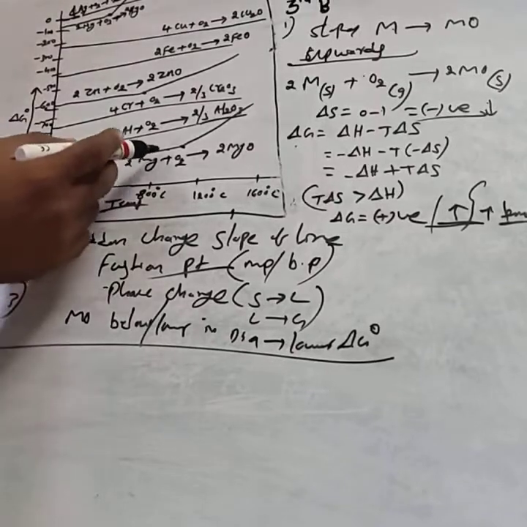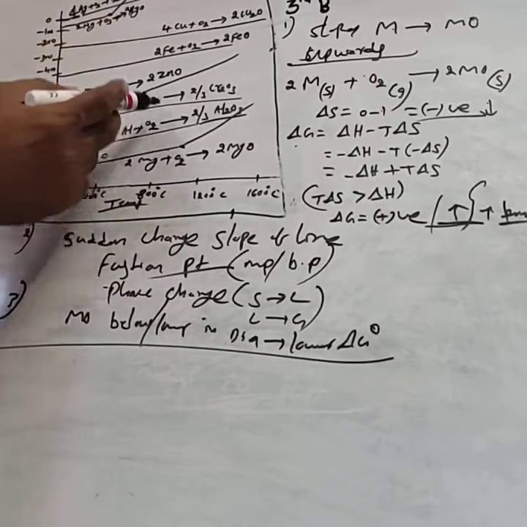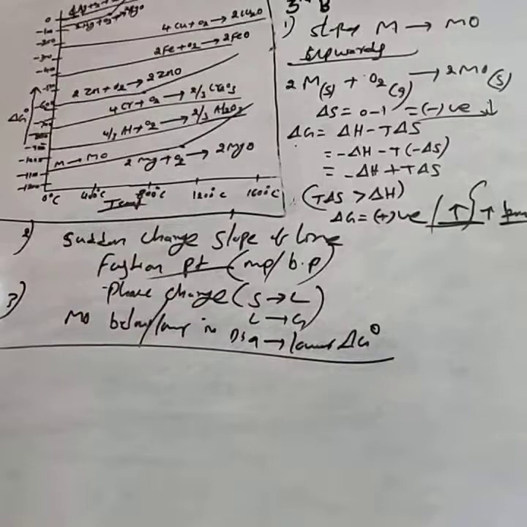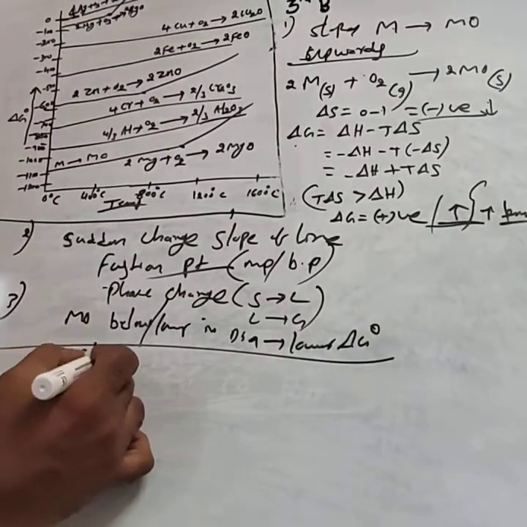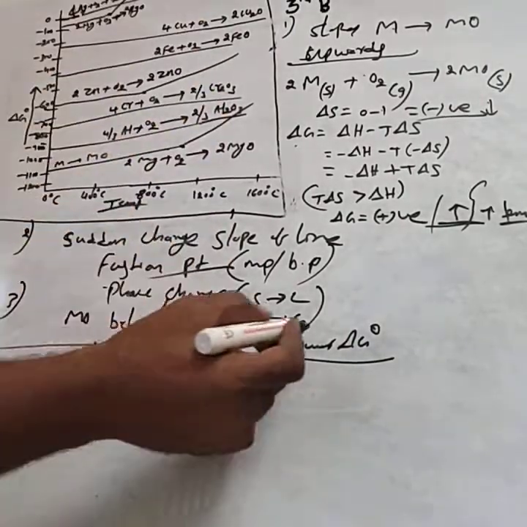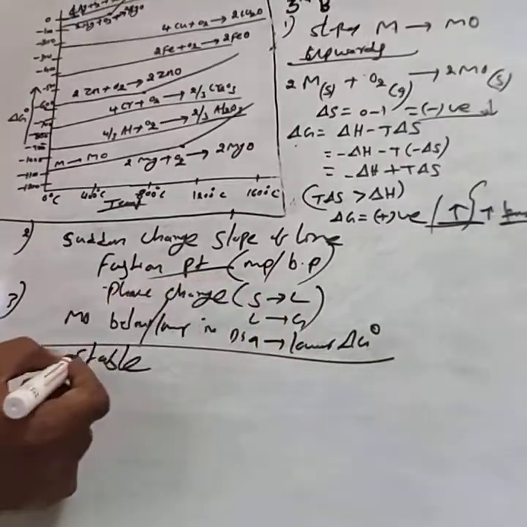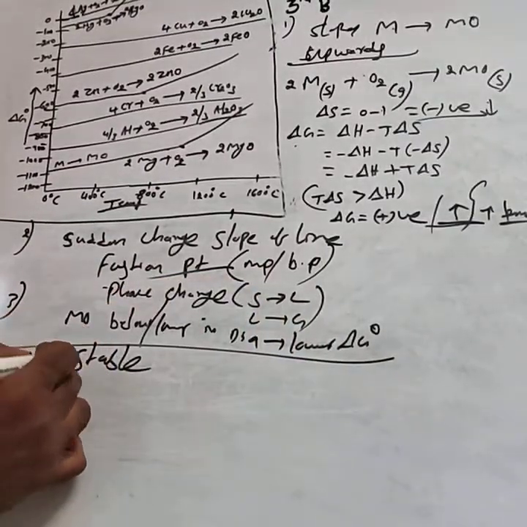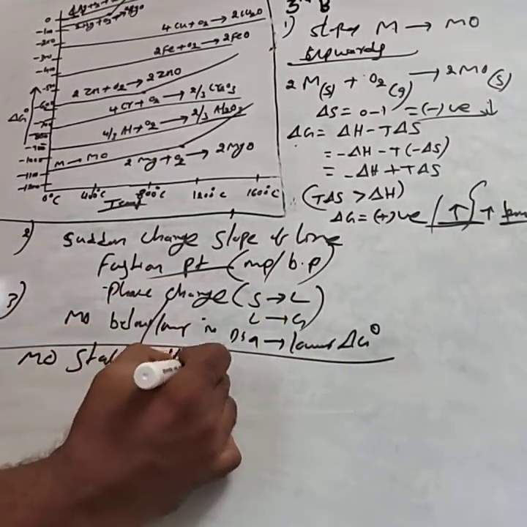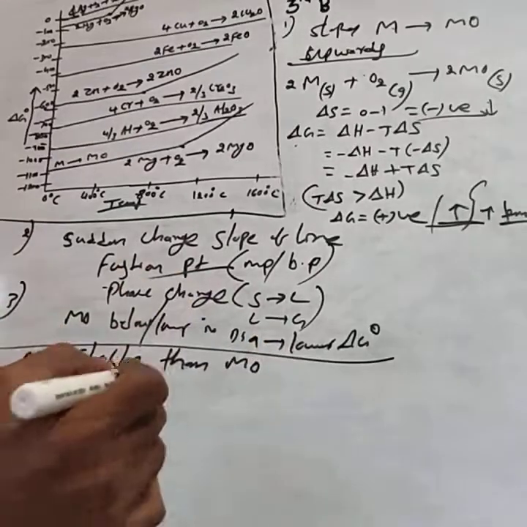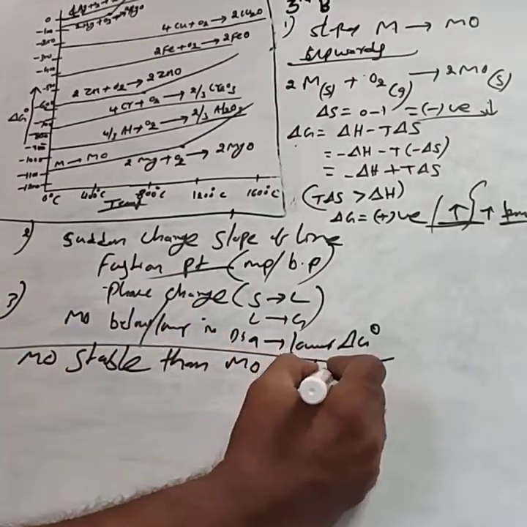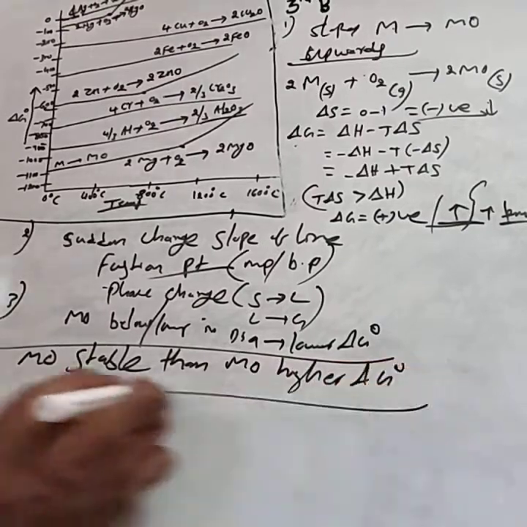Any metal oxide placed lower in the diagram with a lower delta G0 value is more stable. Lower delta G0 value means that the metal oxide is more stable than the metal oxide with a higher delta G0 value.